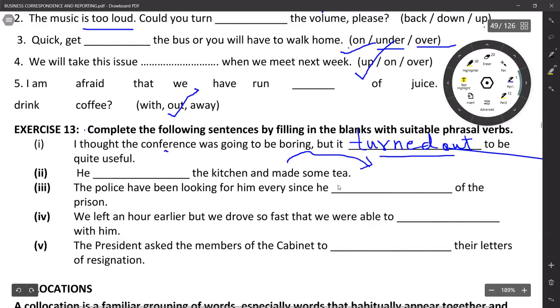He dashed the kitchen and made some tea. He went into the kitchen. Good. Yes, that's a good suggestion. Okay, what else? What else, guys? Come on, tell me all your suggestions. There can be various ways of writing a sentence. Took over the kitchen.